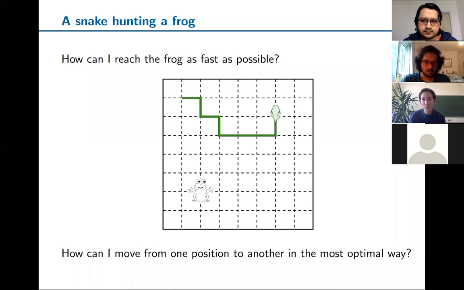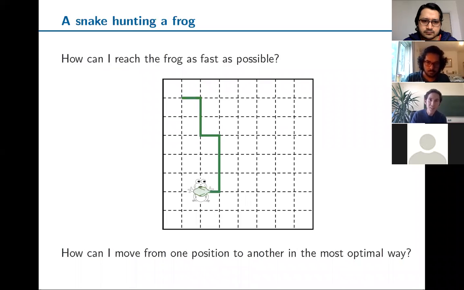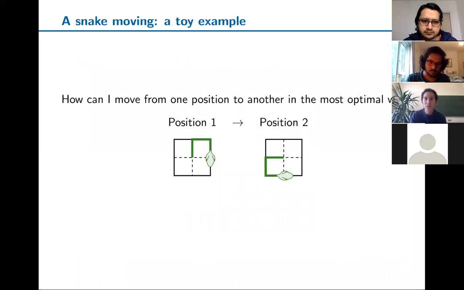In real life, if you are the snake, you of course will not ask this question yourself, but you just follow your instincts and just start moving until some point you catch that frog. Okay. So this is the kind of question we will be working on today.